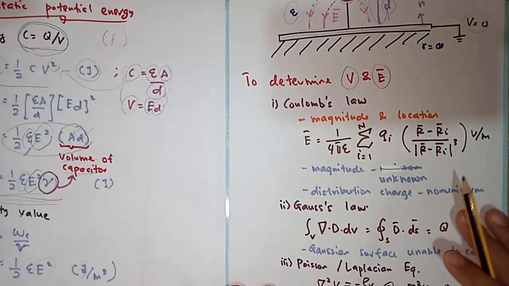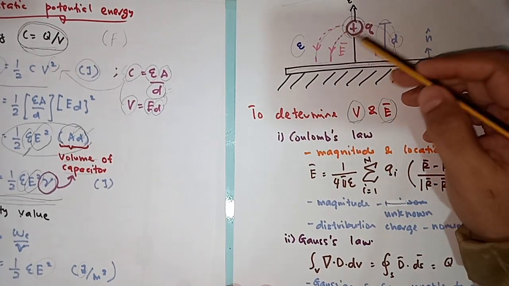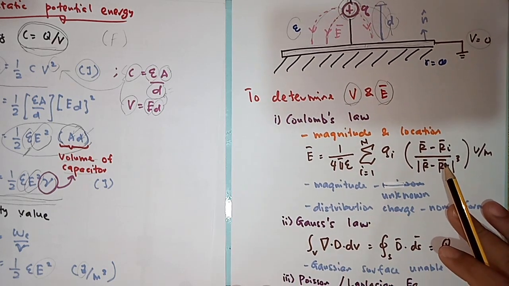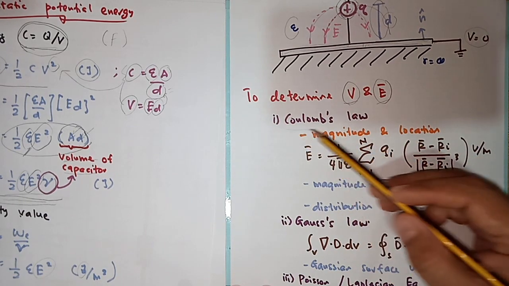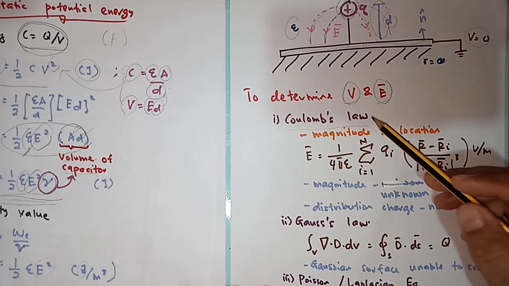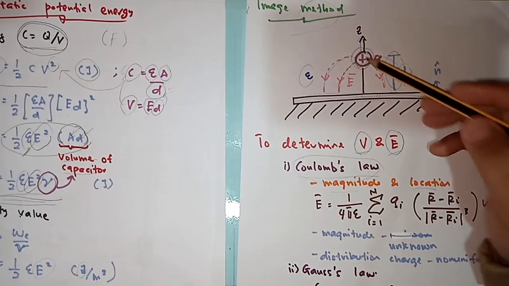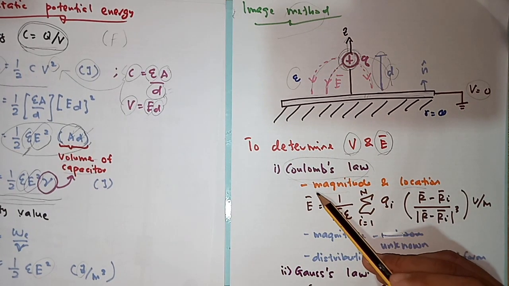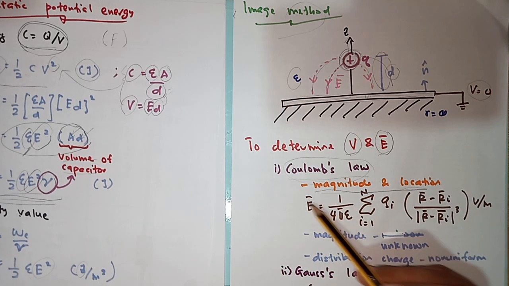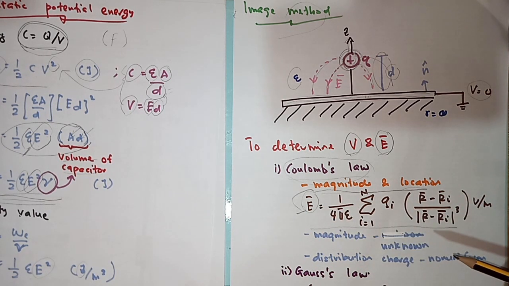In order to calculate the potential difference and the electric field produced by this charge, we can use either one of these techniques. The first technique, the first law, is Coulomb's law. In Coulomb's law, we need to define the magnitude and the location of this particular charge. After we determine these two values, we can put all the parameters that we know in this equation so that we can determine the electric field intensity.